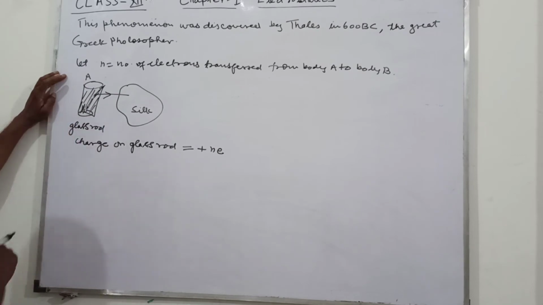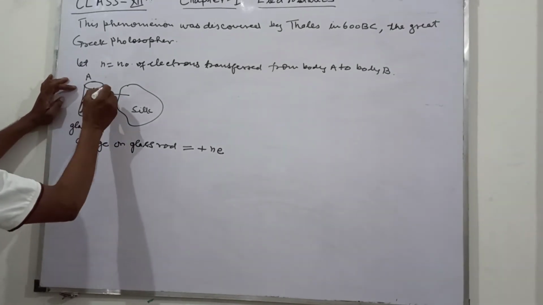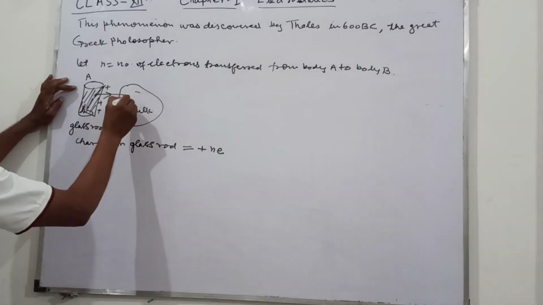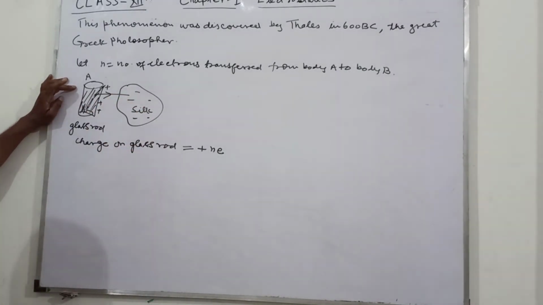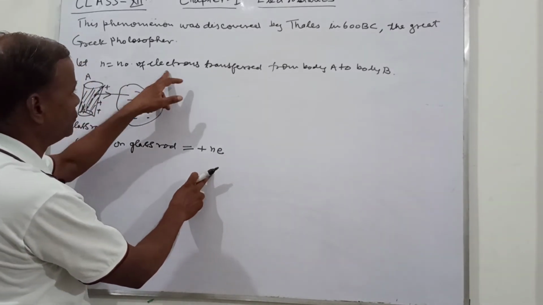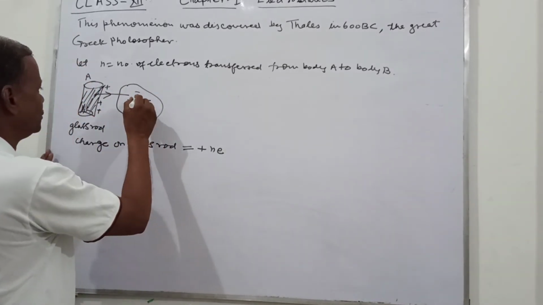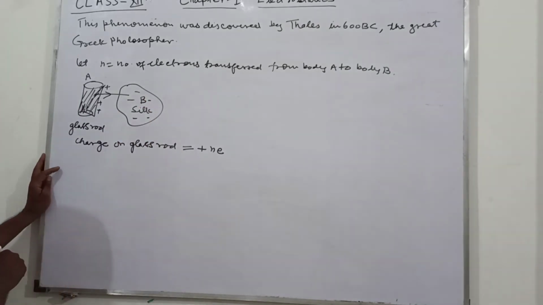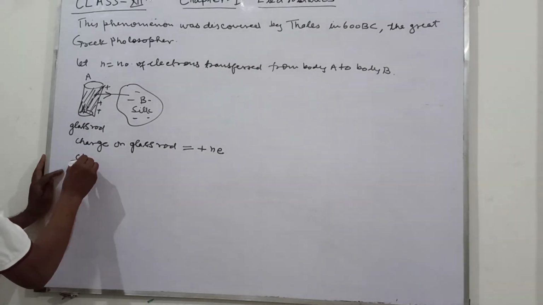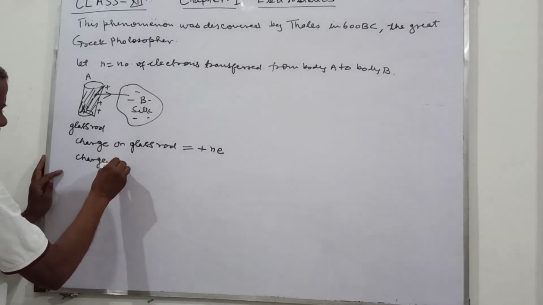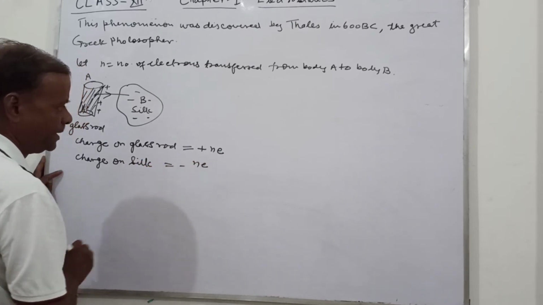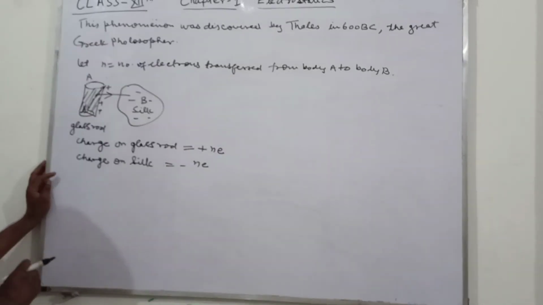This is positive because the electrons go away from here, so this becomes positively charged and this becomes negatively charged. e is the electronic charge and n the number of electrons transferred from body A to body B. So the charge on silk is equal to minus ne, equal and opposite charges.